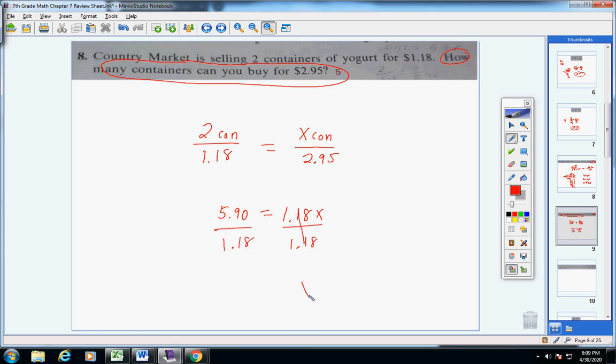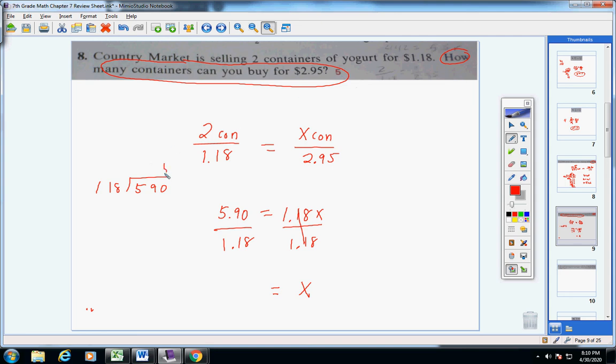These cancel. And let's see what we get. We have 1.18 going into 5.90. Move the decimal 2 places and it's gone. Move this decimal 2 places and it's gone. So those 2 decimals are hasta la vista. They are gone. And I think this goes in 5 times even. That's what the answer is here.